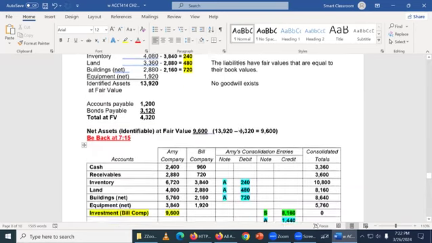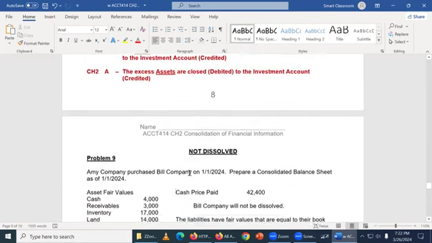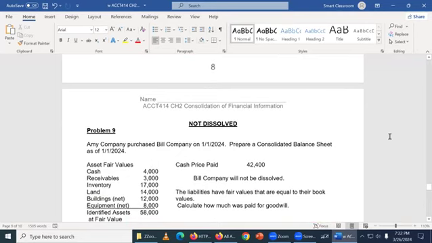I have excess assets. Okay, we have Bill company, we have excess assets.